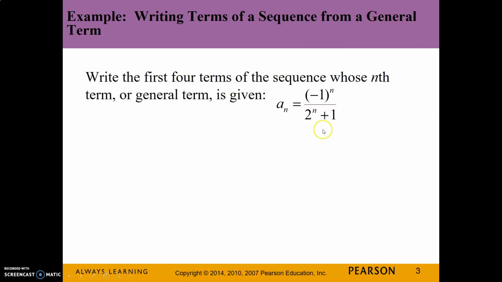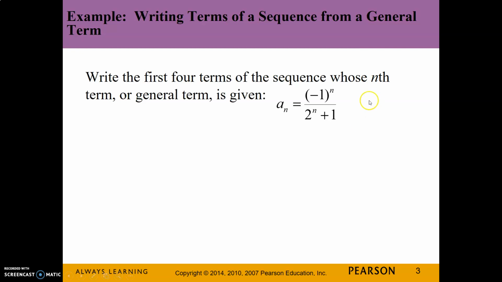Now, working with a sequence is not that challenging because most of the time in this course, you're going to be given a very clear rule. This is called a general term, meaning a sub n, we don't know what position that is in the sequence. All right, it is the nth term of our sequence. It is the general term of our sequence.